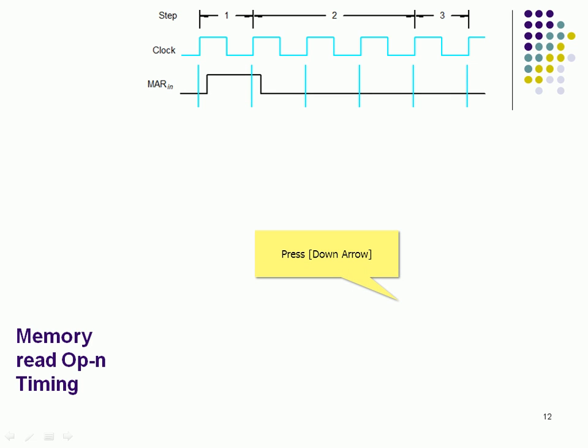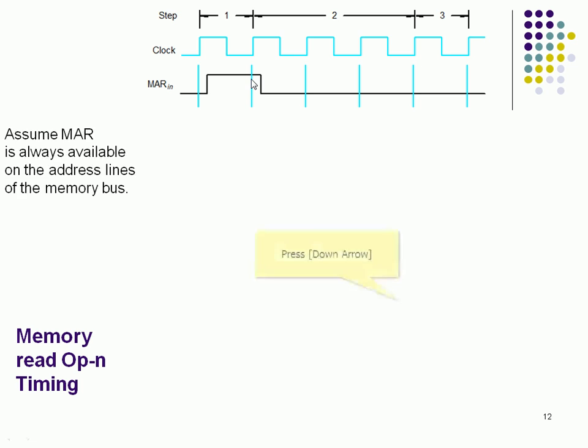So here MAR receives the PC value, that is step 1, right? Next, assume MAR is always available on the address lines of the memory bus. The responsibility of the MAR is to hold the address lines. So the content of R1 goes to the MAR, right?